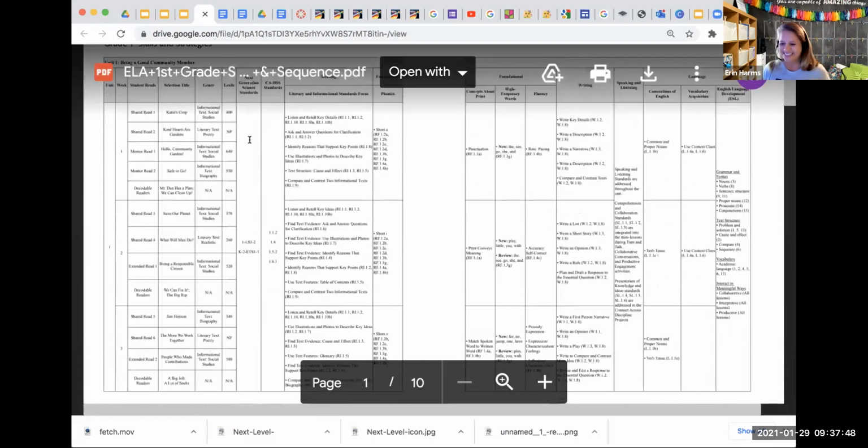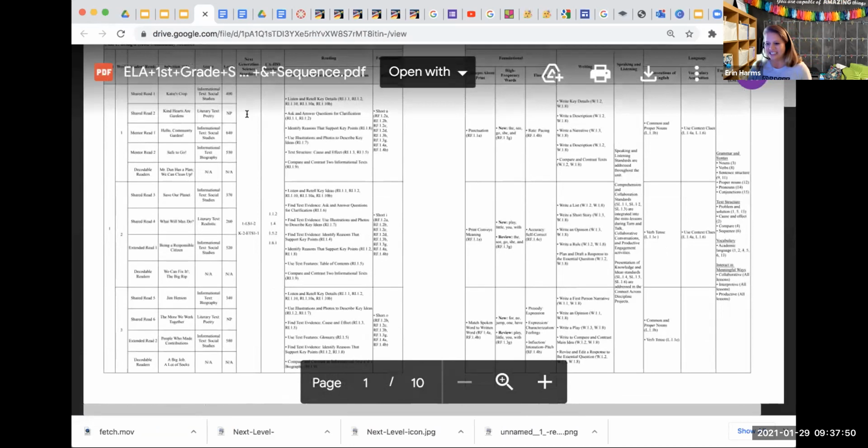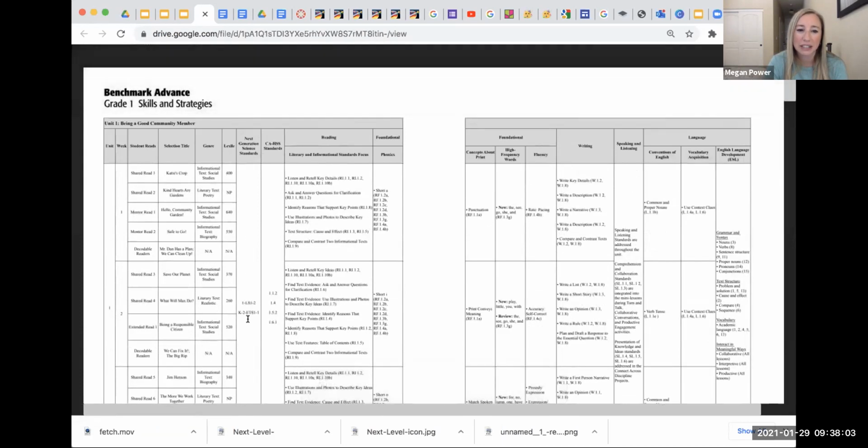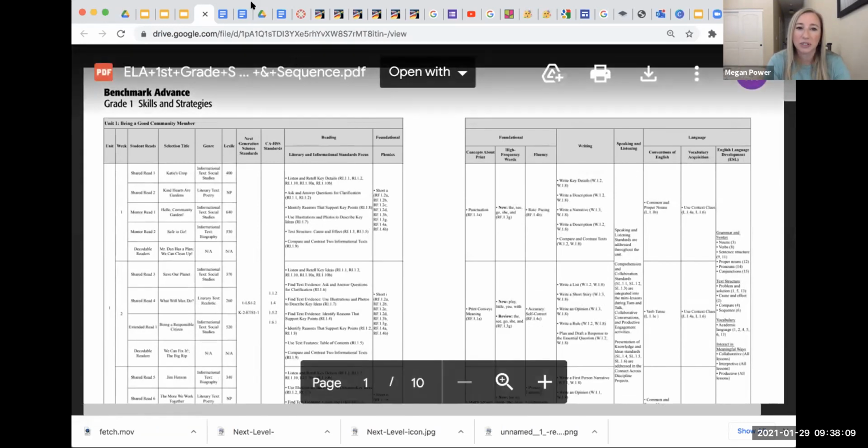What it does is it takes the different units for each grade level, and it breaks it down into the different weeks. What are the stories? What are the reading concepts? How is it connected to next gen, to science, and how is it connected to social studies? So that is a resource that can be there to help you as you're doing your planning.